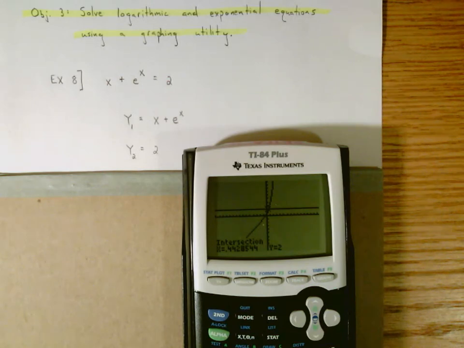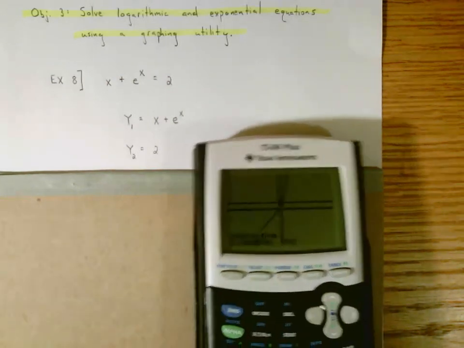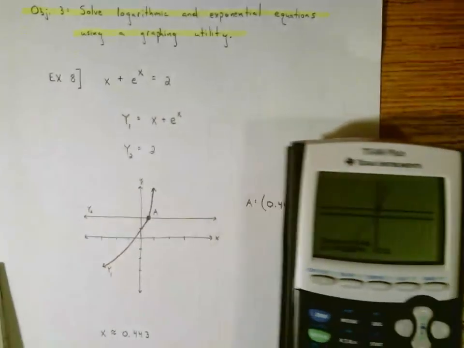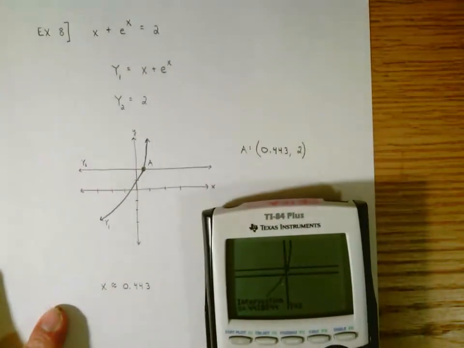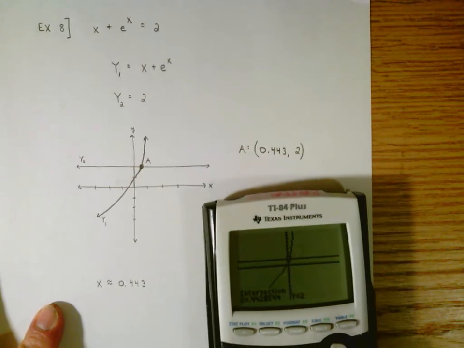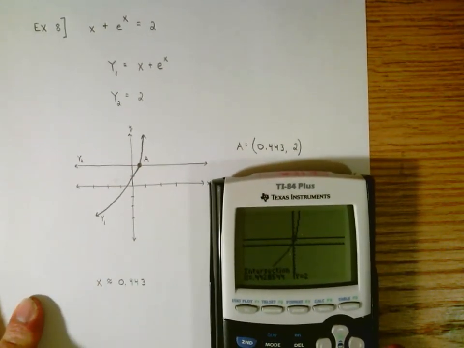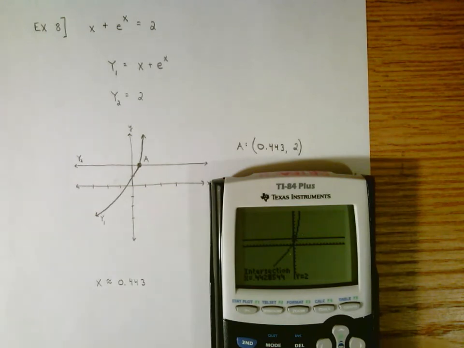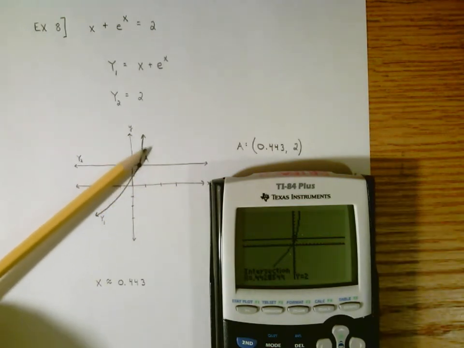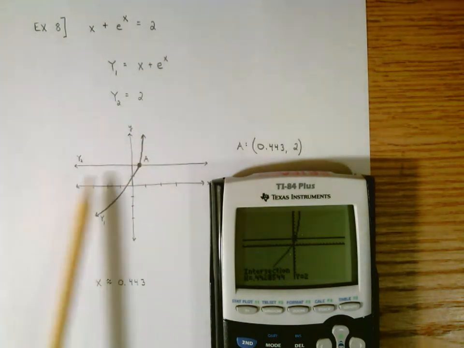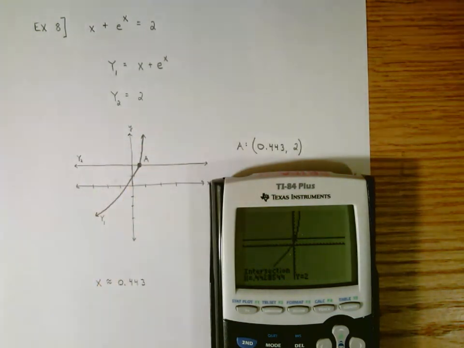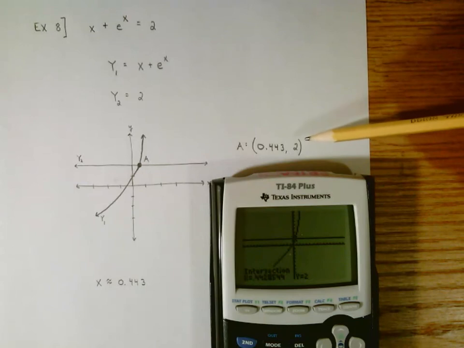Now since we haven't solved this algebraically, the only way we can justify our answers to readers is to take the time to graph this on our paper. So now what you see on both the paper and the calculator screen is the same thing. On my paper I've shown the y1 function, the y2 function, and I've labeled the intersection point here.